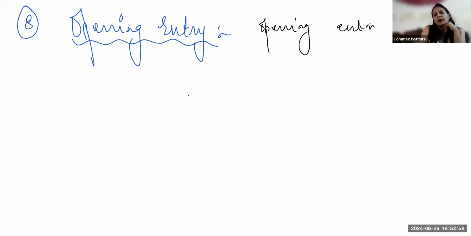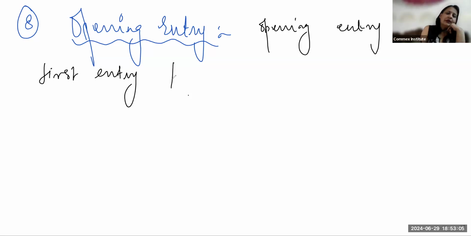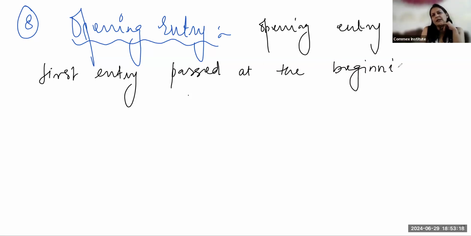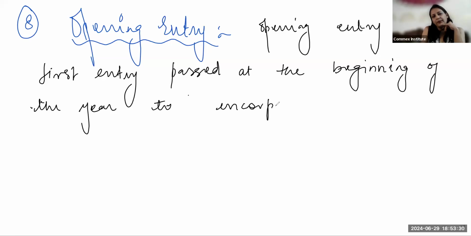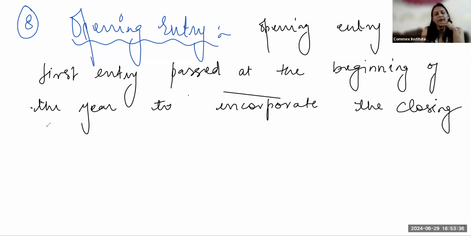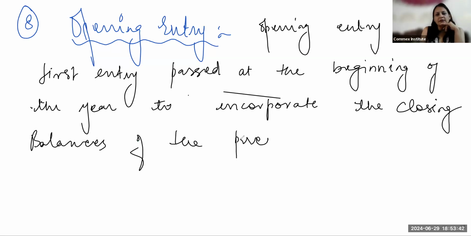Opening entry is the first entry passed at the beginning of the year to incorporate the closing balances of the previous year.